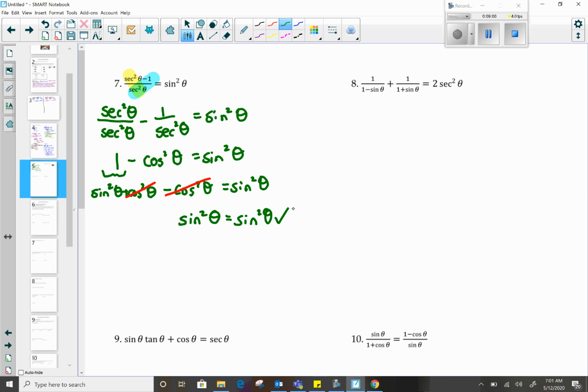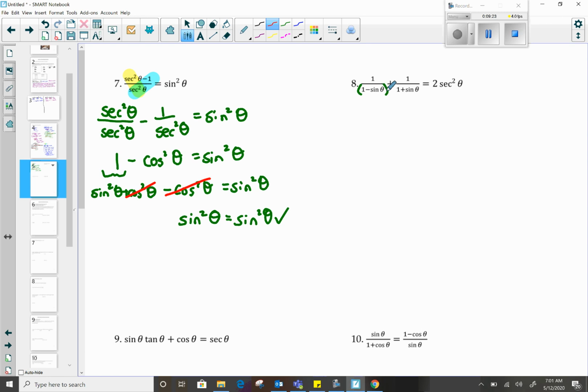Okay, number 8. Number 8 is going to get kind of crazy, so bear with me here. Okay, it's a fraction plus a fraction, which when we have that, we need a common denominator. So when in doubt, just multiply the denominators by each other.